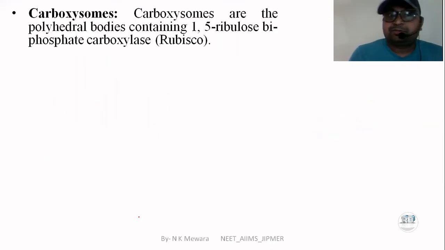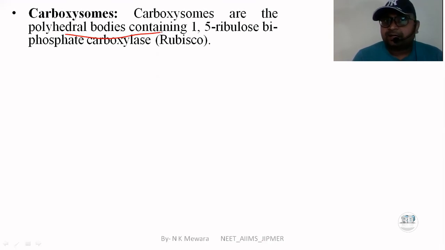Okay. Next, carboxysomes. That's a type of inclusion body. Carboxysomes are polyhedral bodies containing Rubisco.